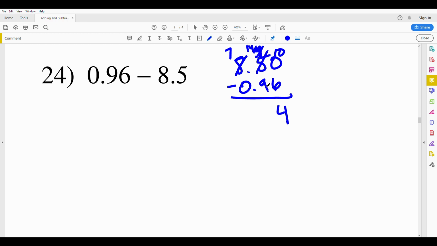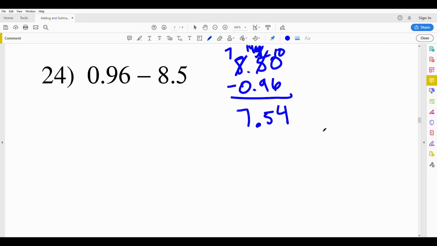So 14/10 minus 9/10 is going to be 5/10, and 7 minus 0 is 7. So I have 7.54 as that distance that I'm moving to the left past 0.